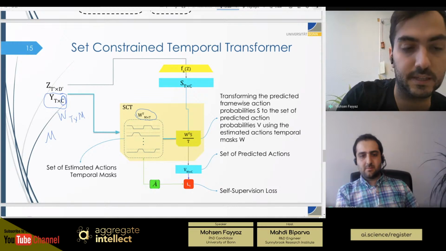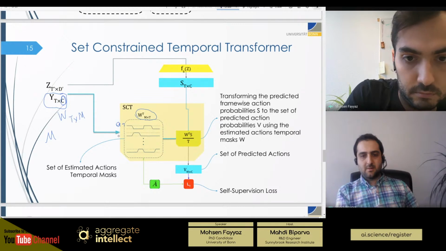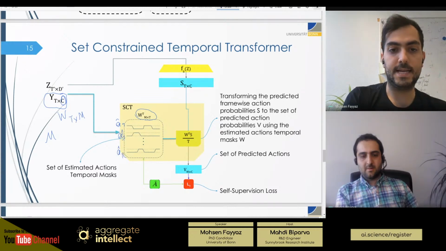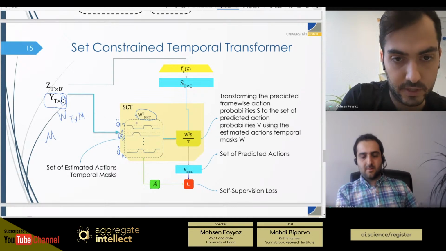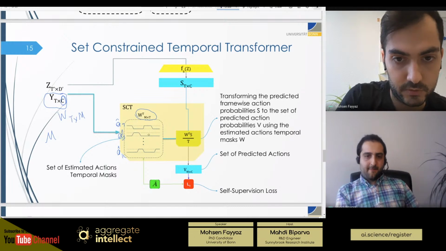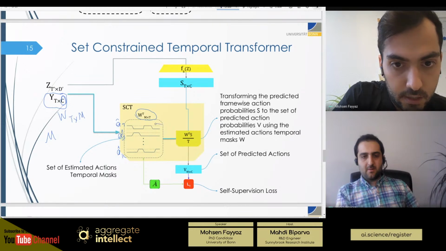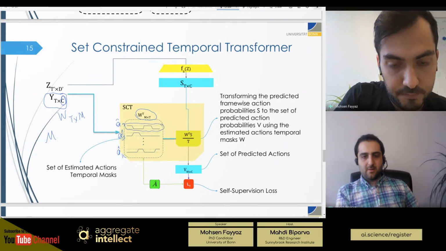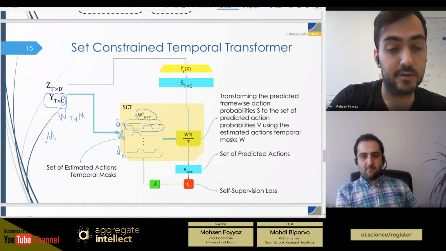What does it mean? It says that if we have, for example, action A1, action A3, and action AK. By A hat, I mean that we know it's in the supervision. So by selecting this, if I look at this transpose W matrix, I will see that for, for example, action A, I have a tensor whose size is T, and the values are between 0 and 1 because they are coming from a probability tensor.